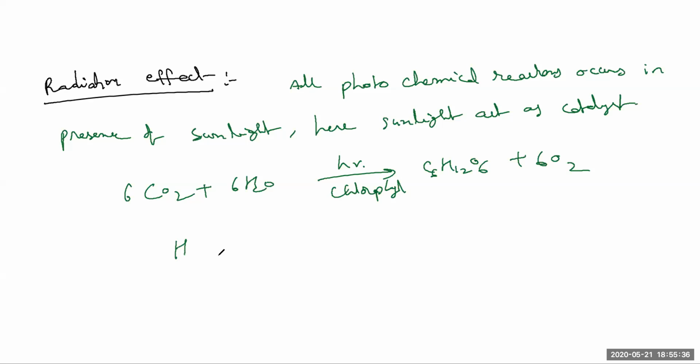Even H2 gas plus Cl2 gas gives rise to 2HCl gas in presence of sunlight, hν. Okay, take now this one example.